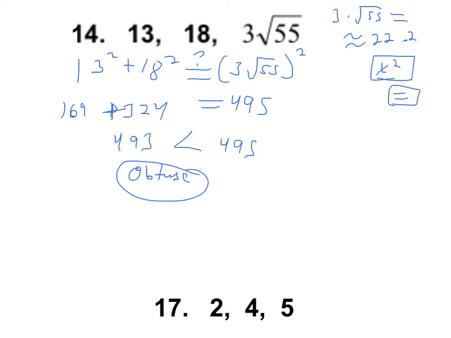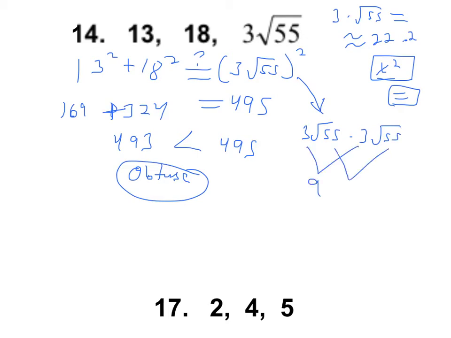Just so you know, you don't have to use the calculator to come up with 495 here. There are other ways that you can do that, or at least you don't have to type it in like that. Because what does this mean? It means 3 square root 55 times 3 square root 55. So the 3 times 3 equals 9.